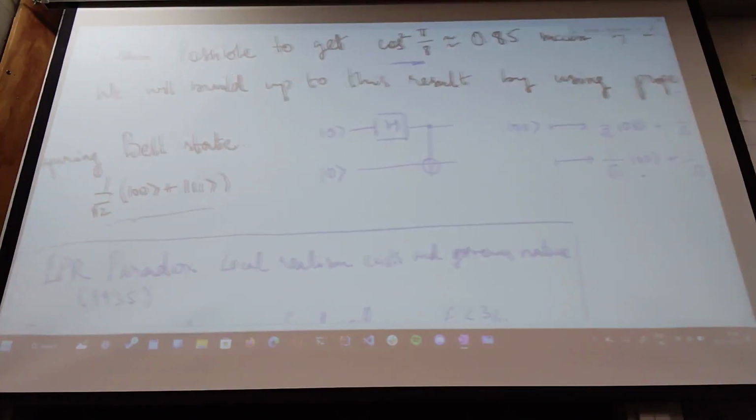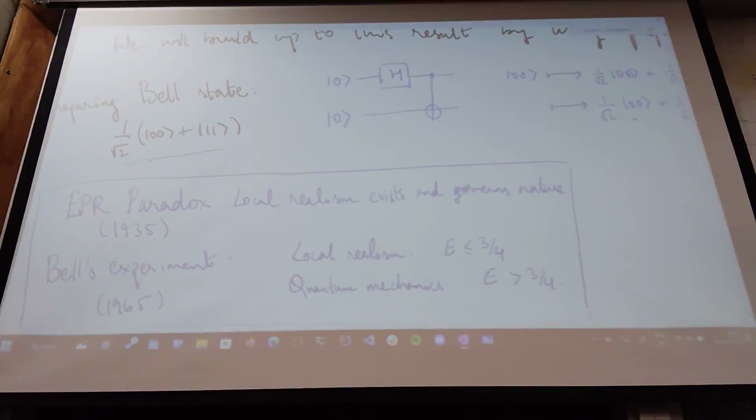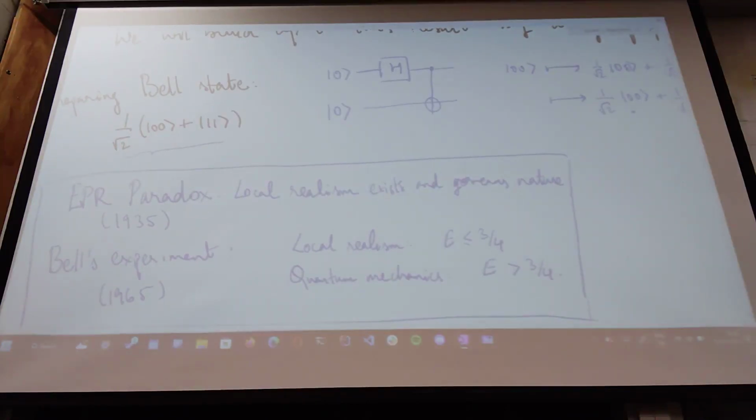And it was 30 years that this riddle remained unanswered. And in 1965, Bell came up with a thought experiment, which is precisely the game which we were playing earlier. So, yeah, about 60 years ago, you could publish games and you could win prizes.